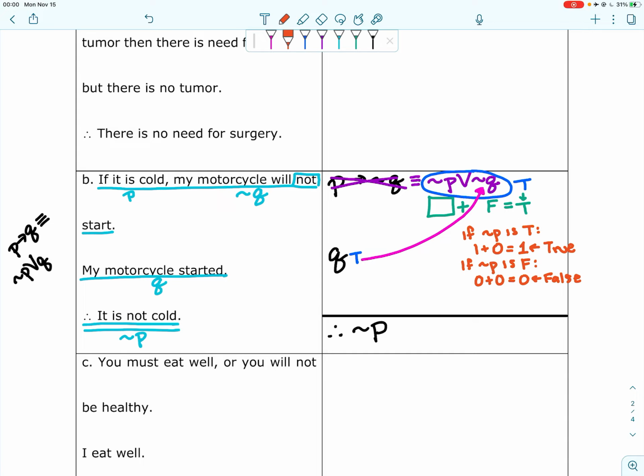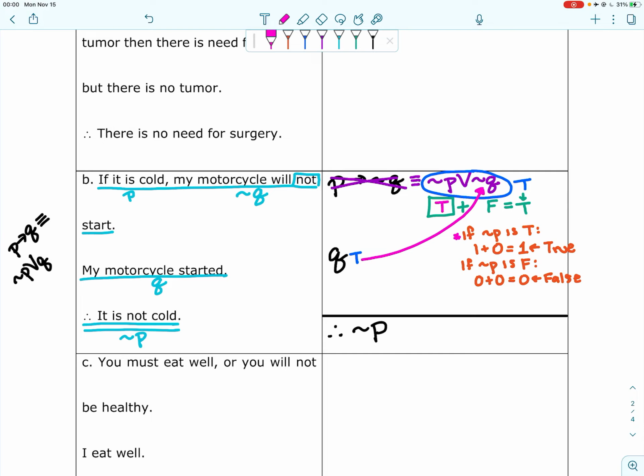So the only way for not P or not Q to be true as a whole is if not P is true. Not P has to be true in order for the entire statement to be true.